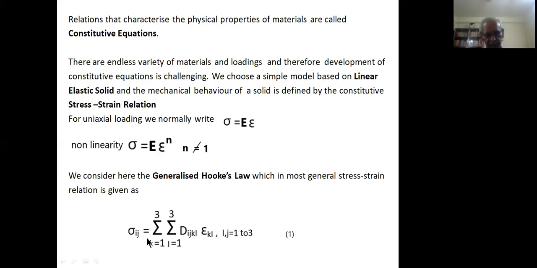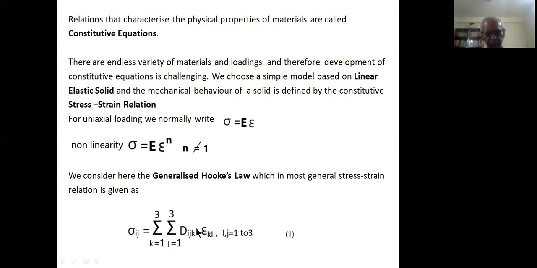The constitutive tensor is nothing but a fourth order tensor, Dijkl. Now, this constitutive tensor depends on many different properties of the material.